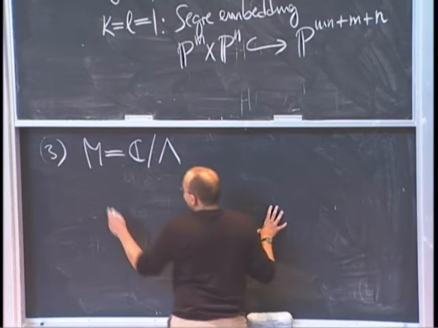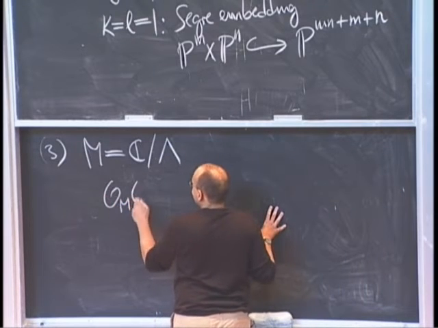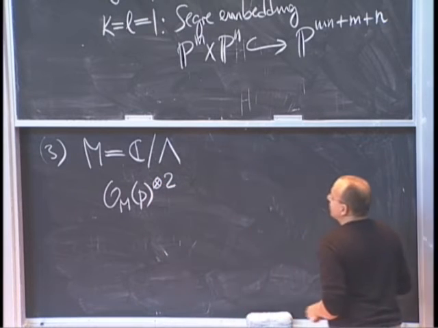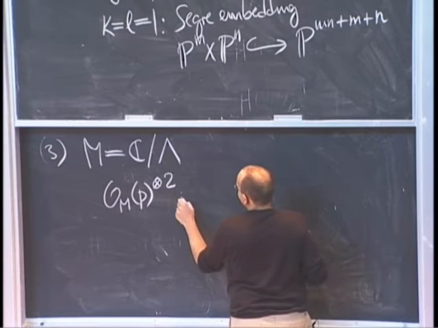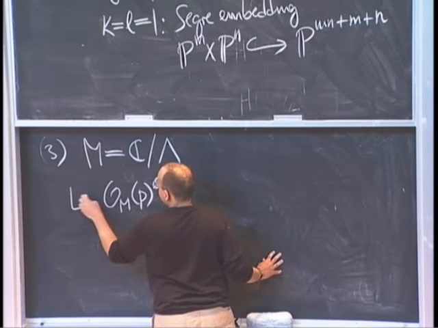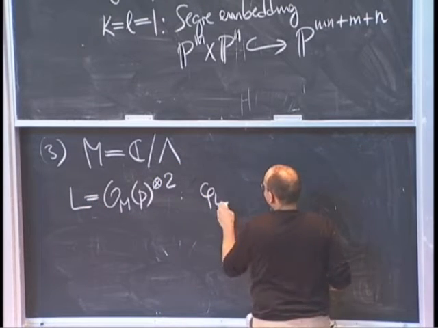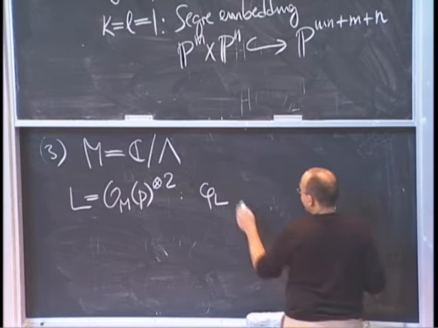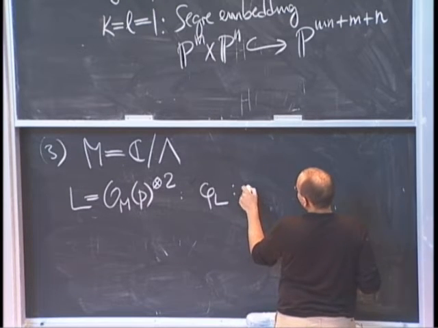If you take its square, you have two sections, so you get a map to P1. It's a degree 2 map.